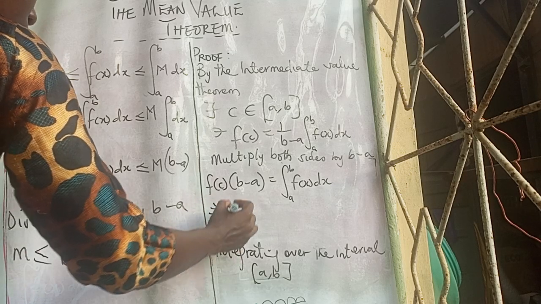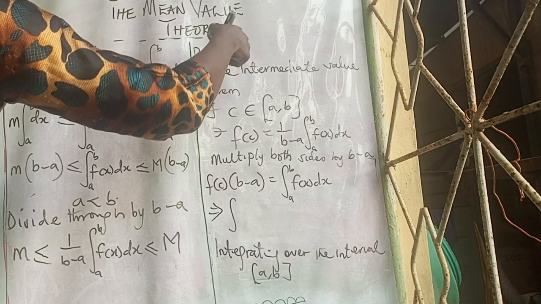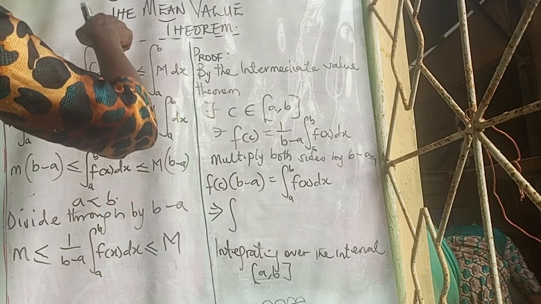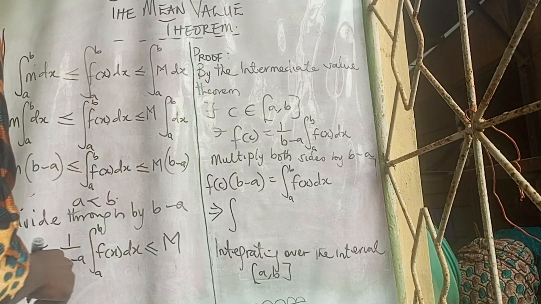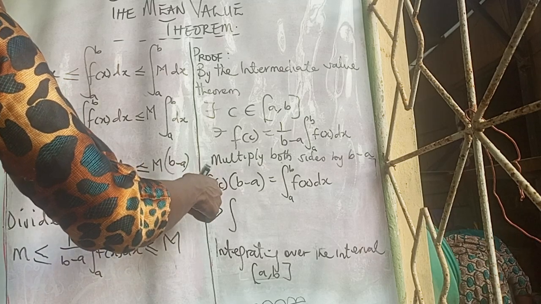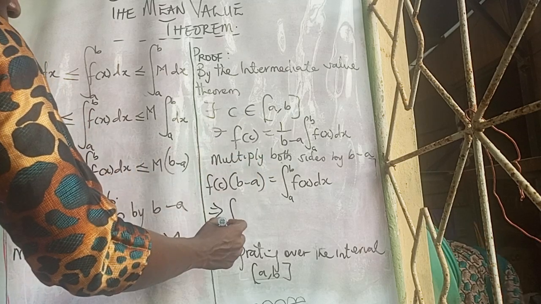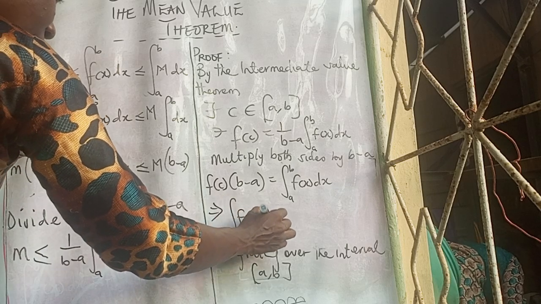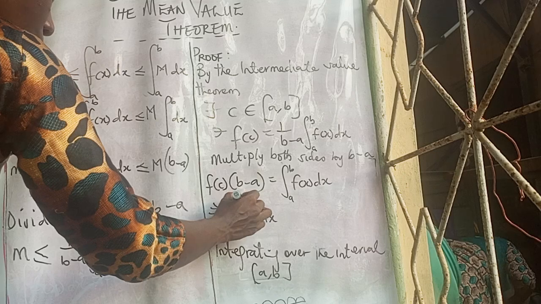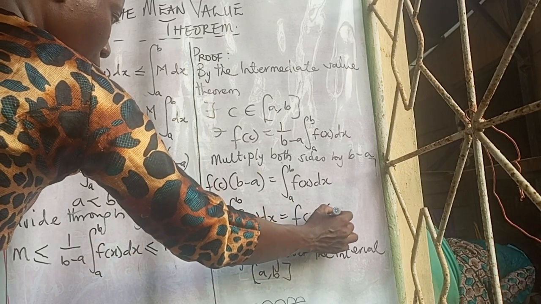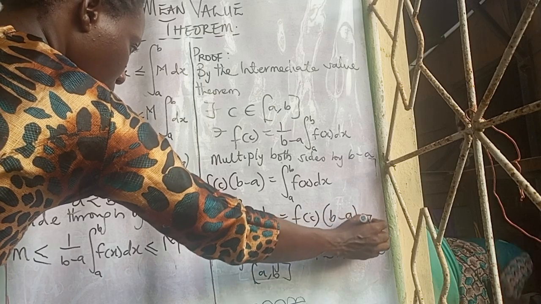That tells us that if f of x is continuous, which is where we started from, as stated in the mean value theorem, then there exists a c on the interval (a, b) such that the integral of f of x dx from a to b is equal to f of c times (b minus a).